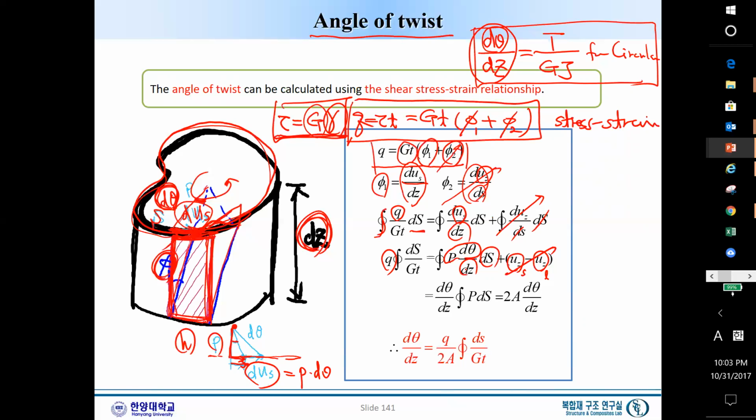Sorry, d theta over dz is the constant over the cross section, so it is out of the integration, and simply P times ds, or you can say h times ds integrated.